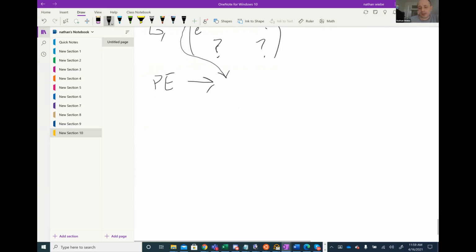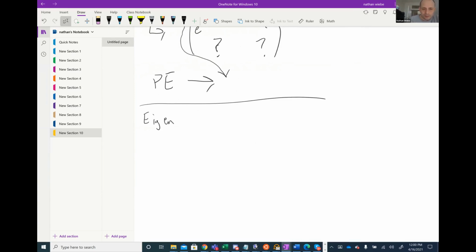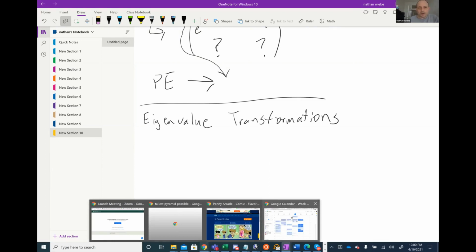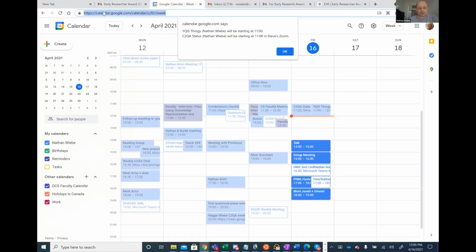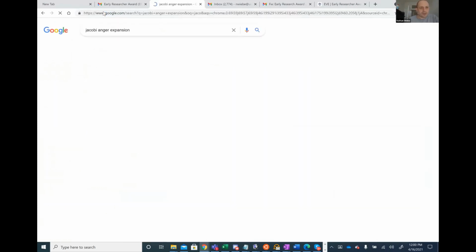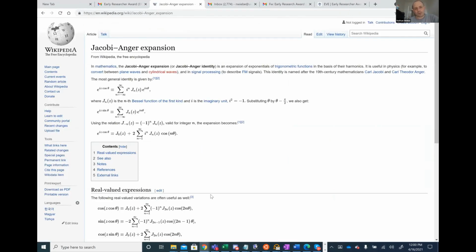The very last thing that I want to talk about is eigenvalue transformations. The final thing you can do with this is eigenvalue transformations. The way you can do this using linear combinations of unitaries in a cool way is through a formula known as the Jacobi-Anger expansion.